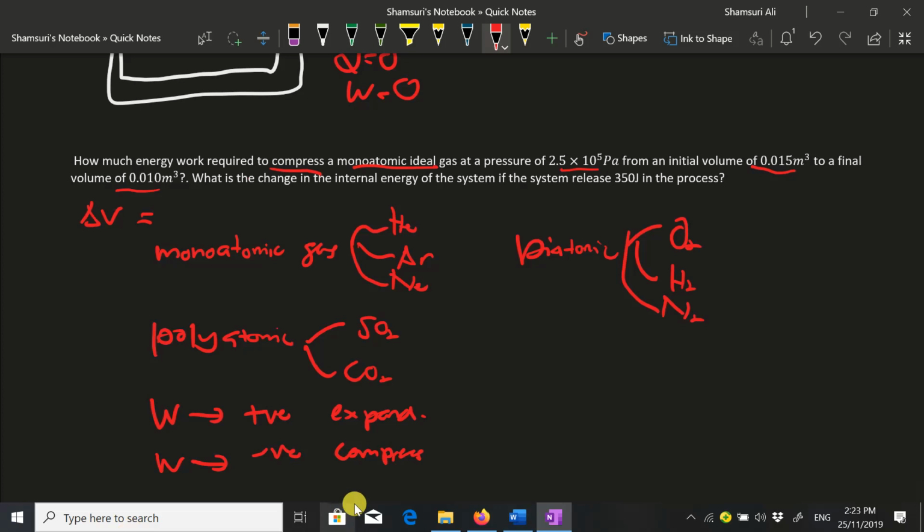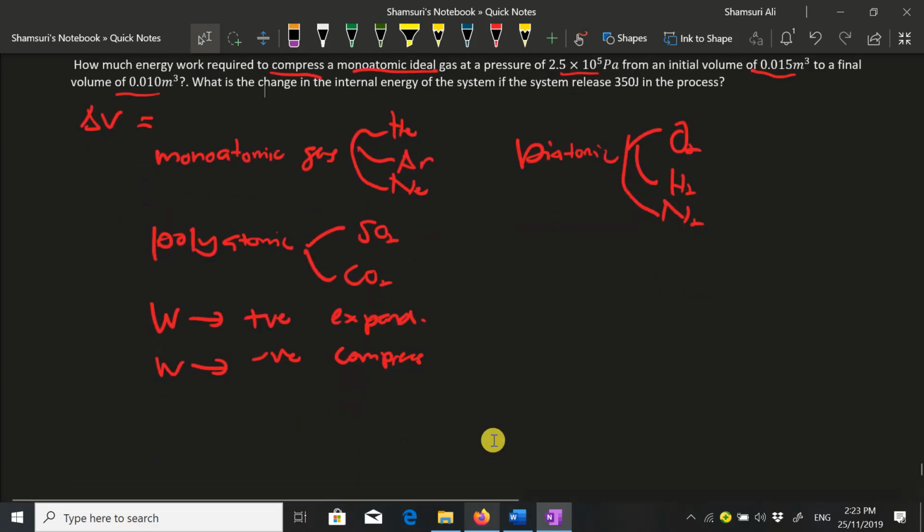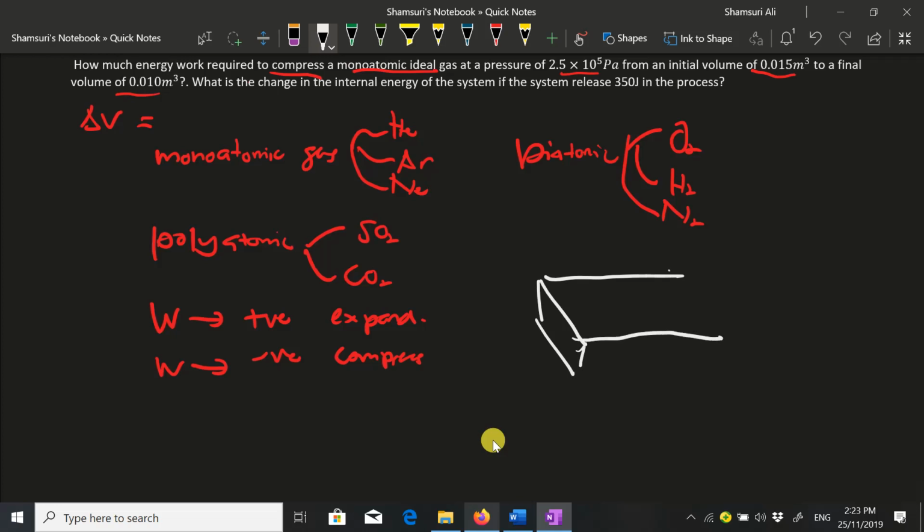So for example, let's assume we have this area. Maybe we can put it like this.